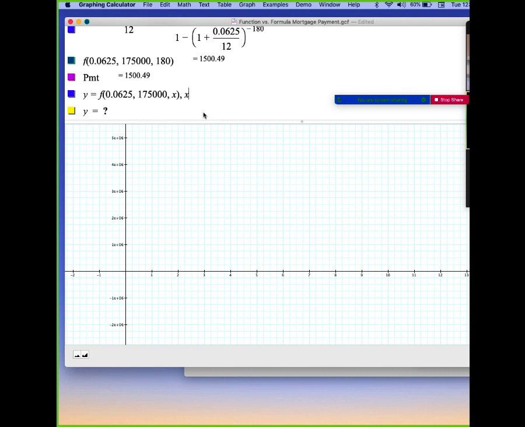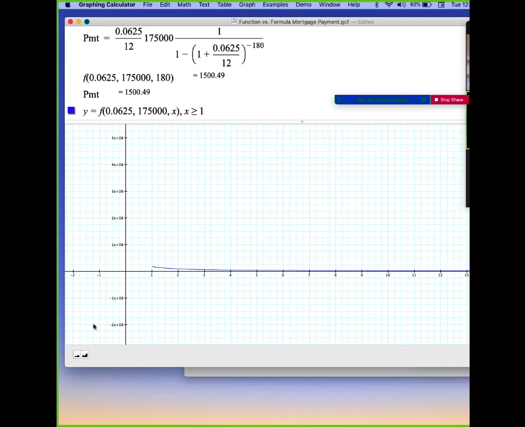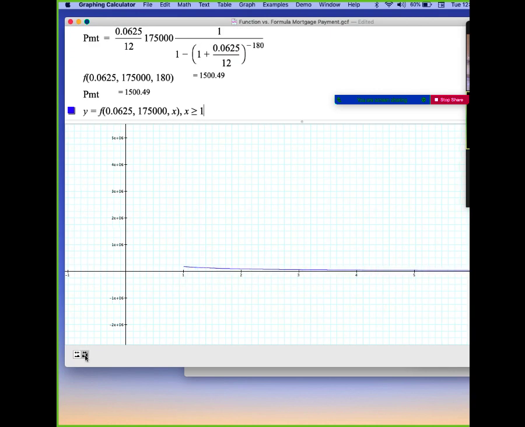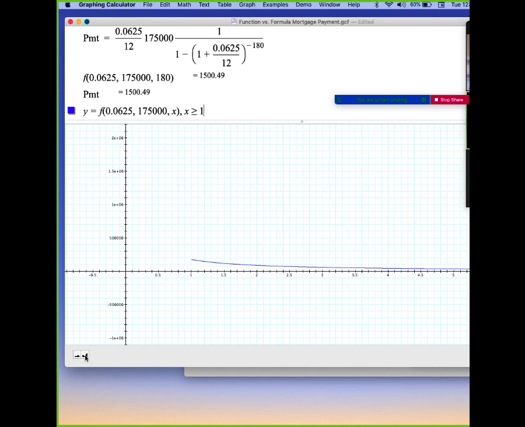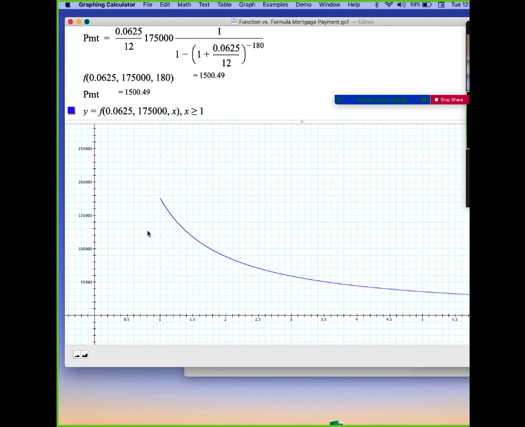So it doesn't make sense to have less than one payment. And then we can zoom back in on the y-axis. There we go. And so if it's just one payment, how much is it? $175,000, right? Okay.